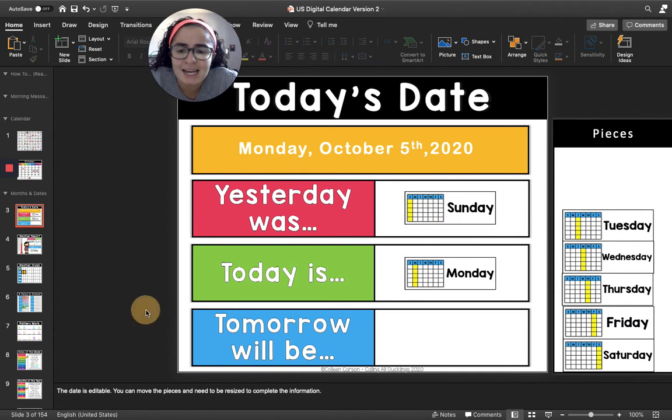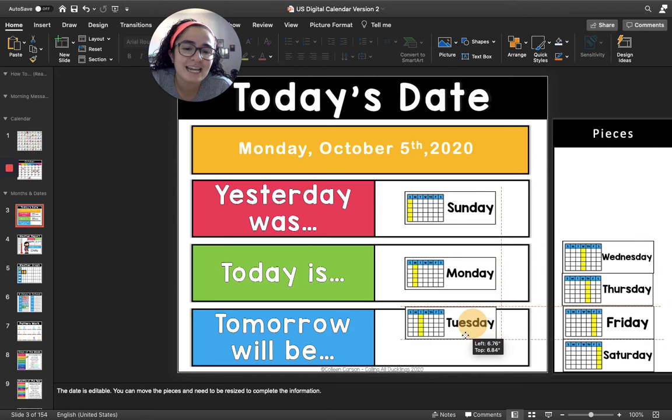All right, now let's move down to the blue box. The blue box says, tomorrow will be. If today is Monday, then that means that tomorrow is going to be Tuesday. So I'm going to put Tuesday in the blue box.